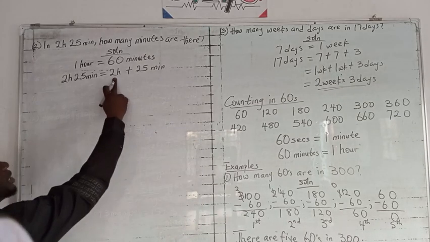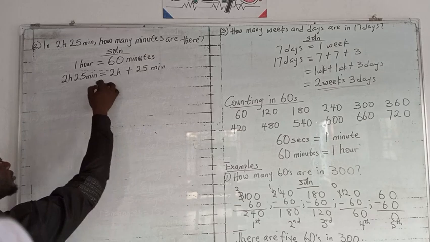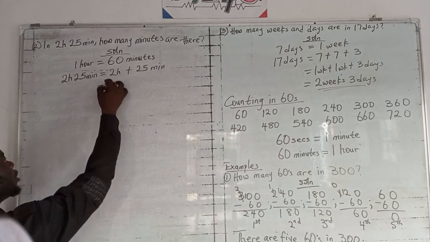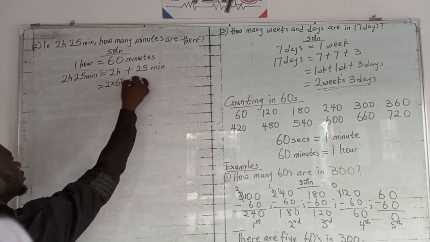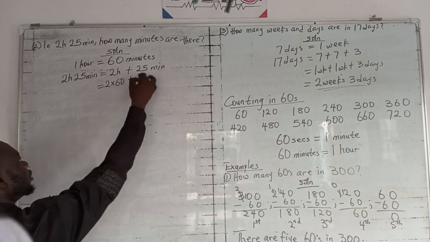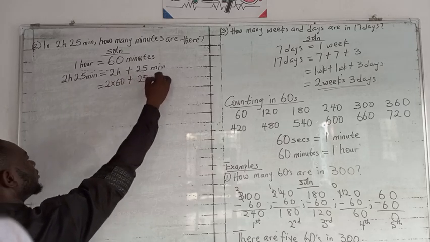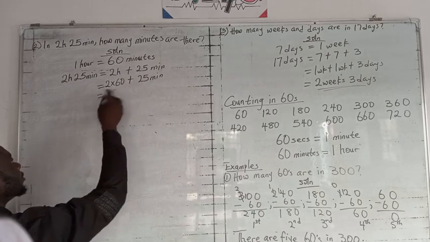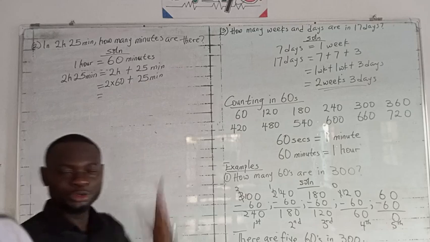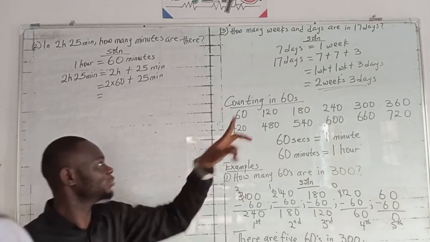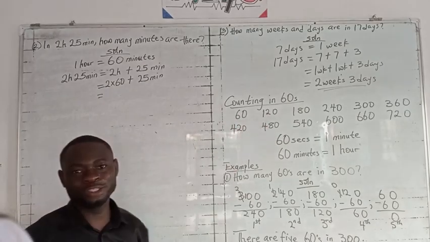Now, how many minutes are in 2 hours? Let's start from there. It should be what? 2 times 60 plus 25 minutes. 2 times 60 is what? 60 in 2 places. And 60 plus 60 is what? 120.